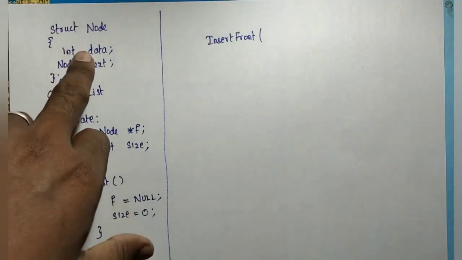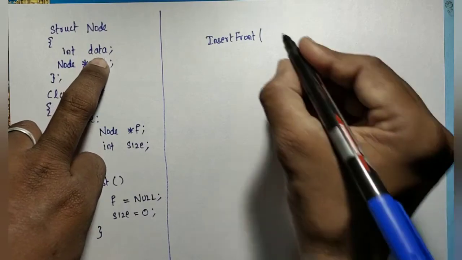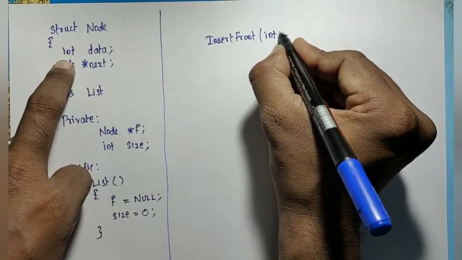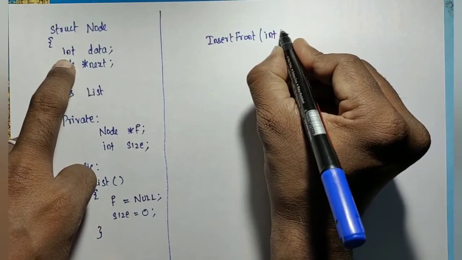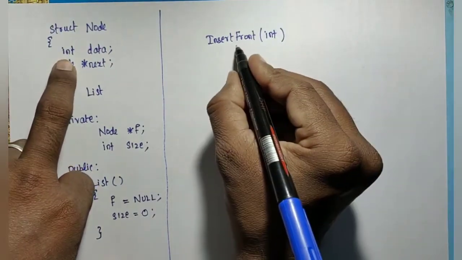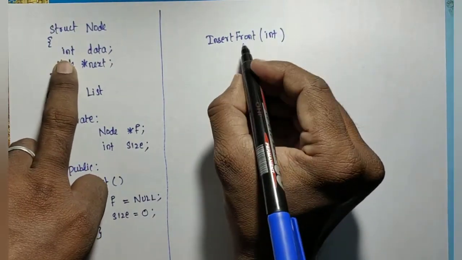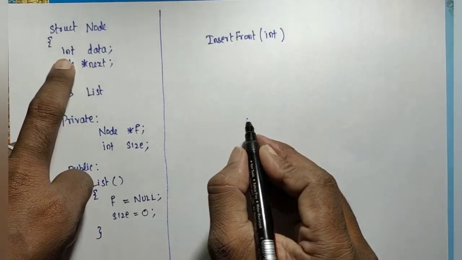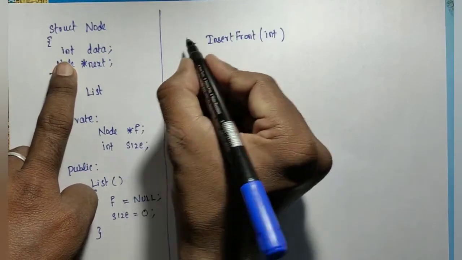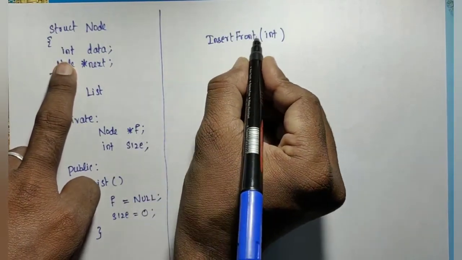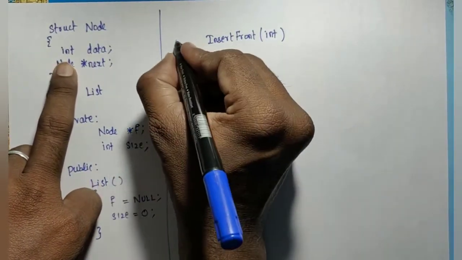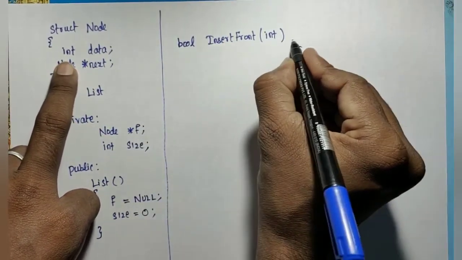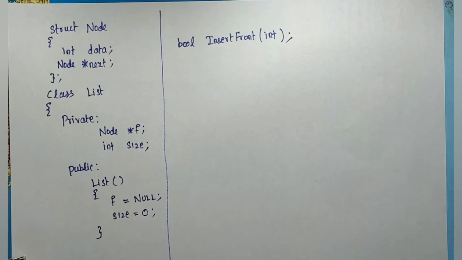The data type is int, so the input is only an int. The position need not be mentioned, because insert front is going to insert the element at the front of the list. The return type indicates whether the insertion is a success or not, so it is boolean: boolean insert front of int.